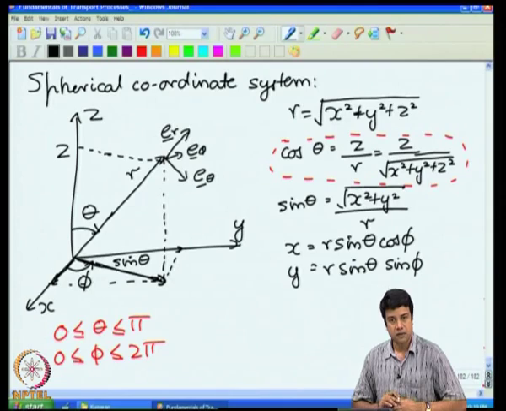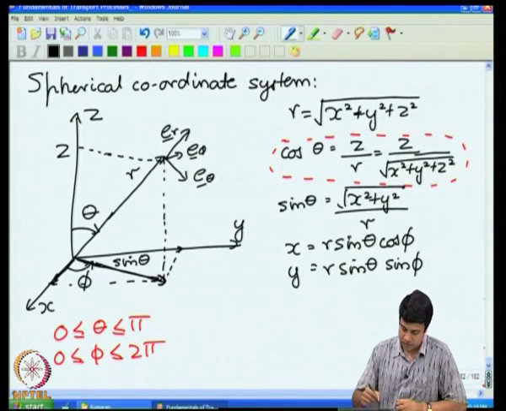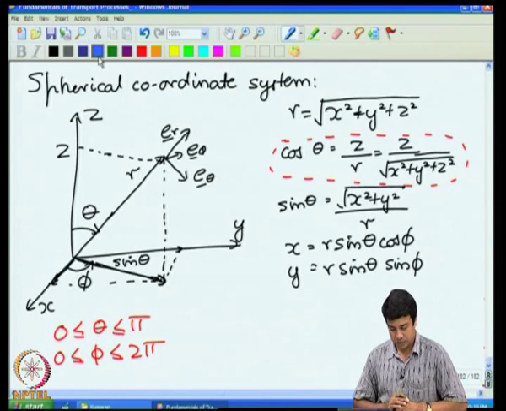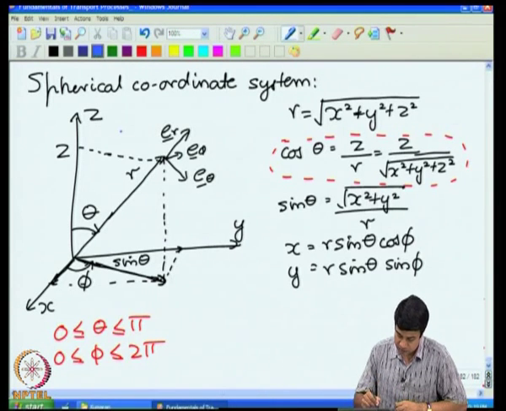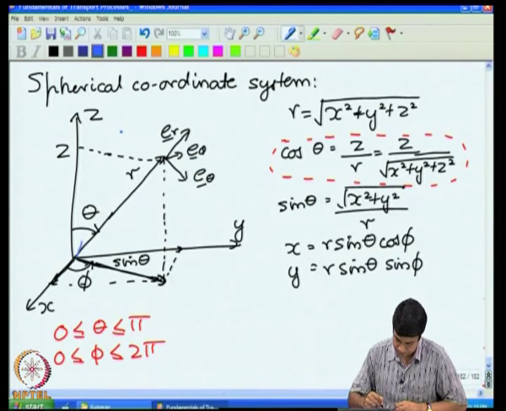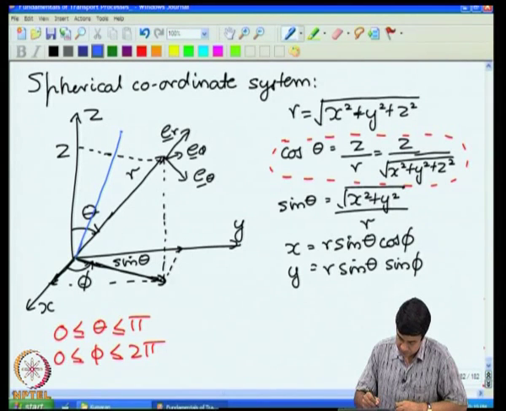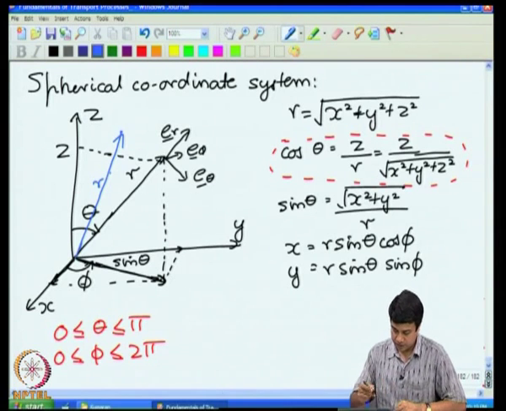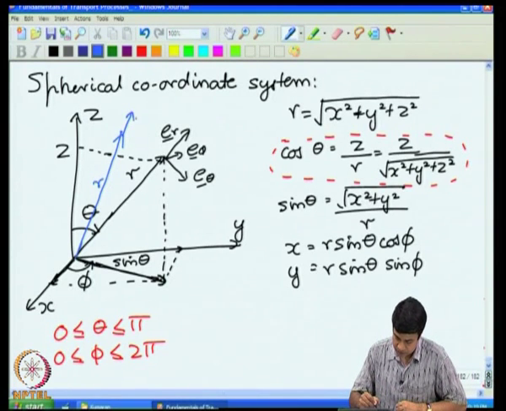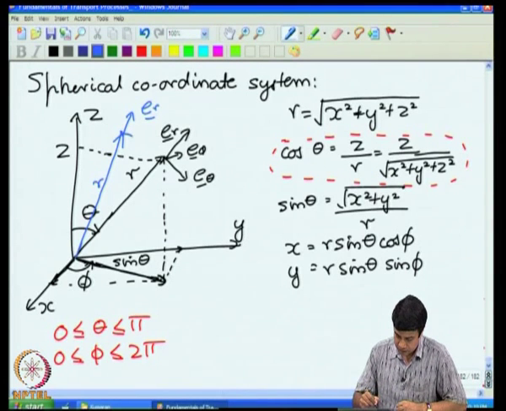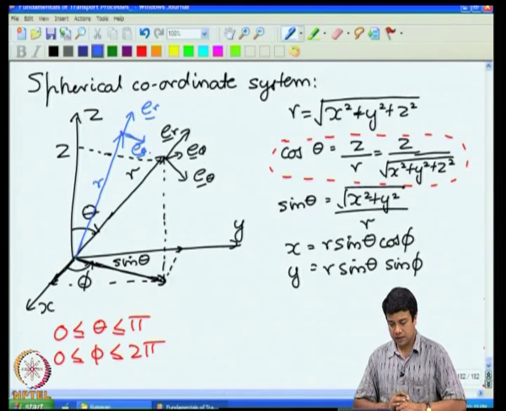However, the unit vectors do not remain the same as you vary position. To illustrate this, let us take some other position here. This is the radius vector at this new position. In this case, E r is in this direction and E theta is in that direction.